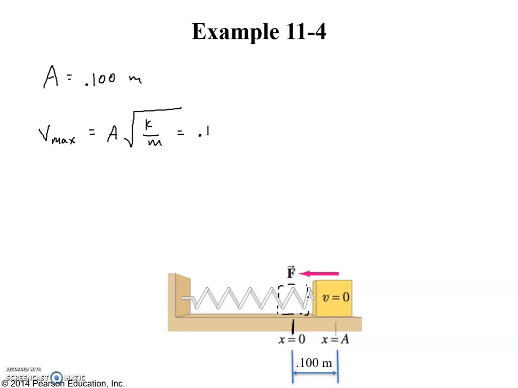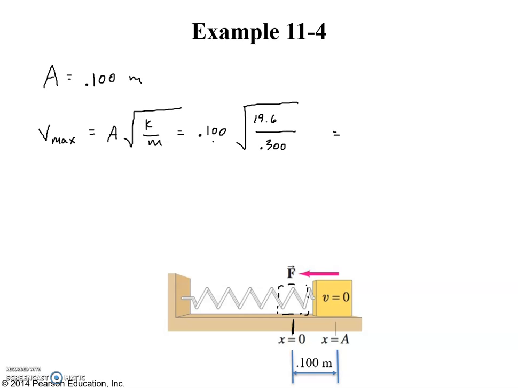So if our amplitude is 0.100, k, we calculated that in the first part of this problem. That was 19.6. And the mass of the box is 0.300.